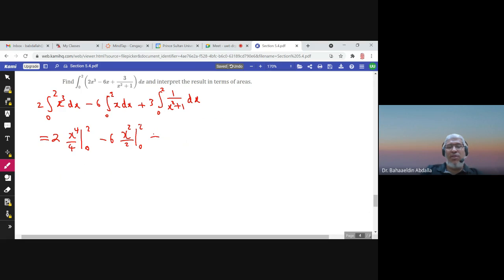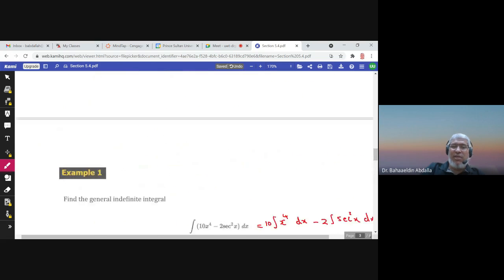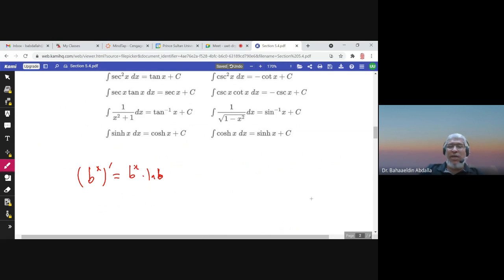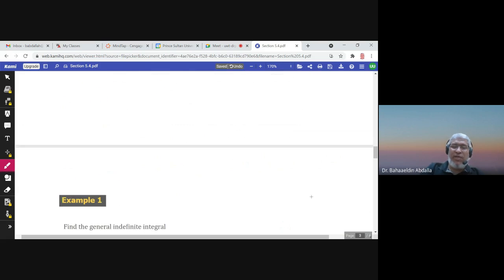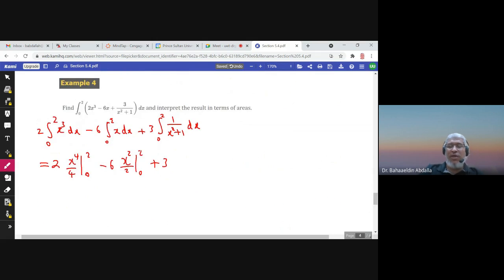And then plus 3 times, what is the indefinite integral of 1 over x squared plus 1? If you go to the formulas, the indefinite integral of 1 over x squared plus 1 is tan inverse x. So it would be 3 times tan inverse x from 0 to 2.